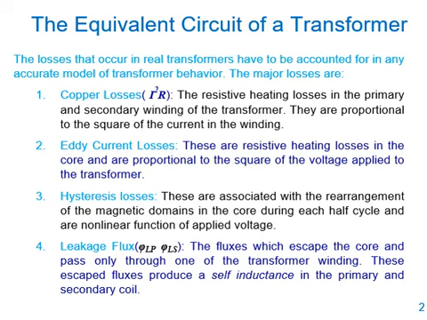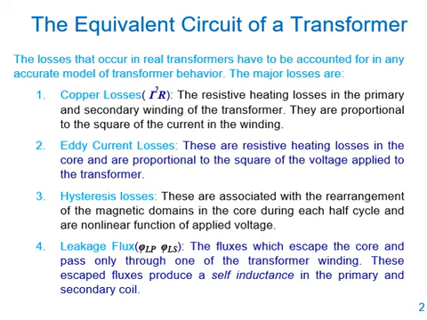The resistive heating losses in the primary and secondary winding of the transformer are referred to as the copper losses, and they are directly proportional to the square of the current.